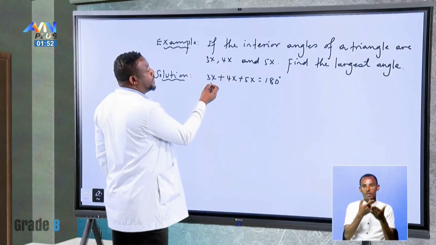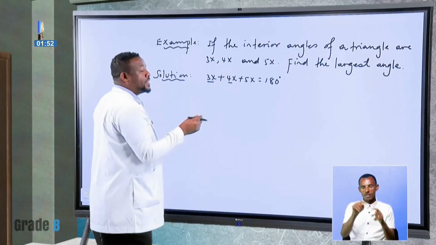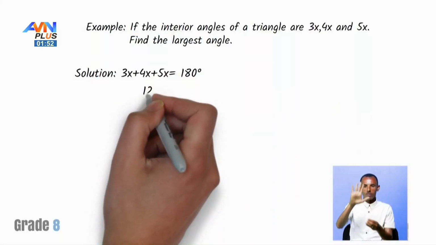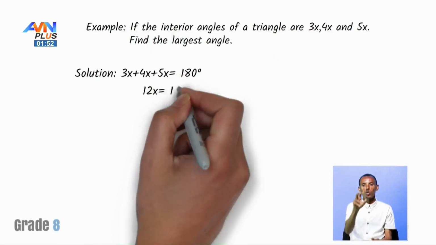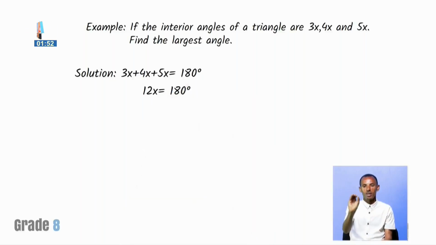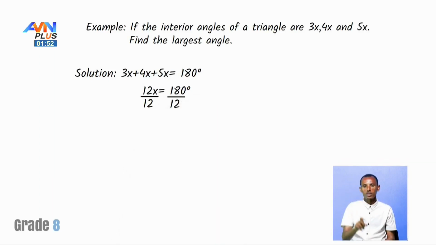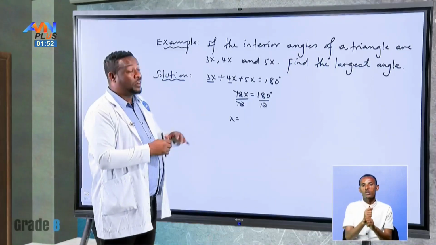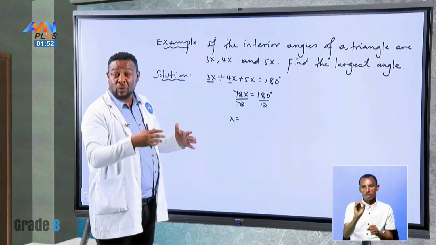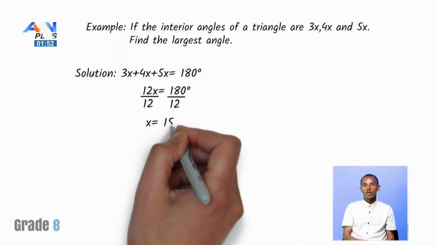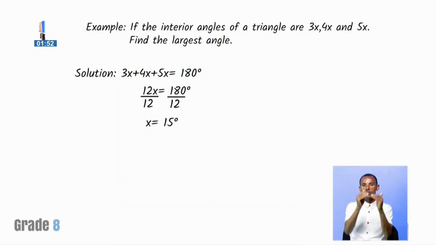So these are like terms. 3x and 4x is 7x. 7x and 5x is 12x. So 12x is equal to 180 degrees. Now dividing both sides by 12, you get some value for x. Make sure that you divide 180 by 12. The result is 15. Okay, so x is 15 degrees, right?